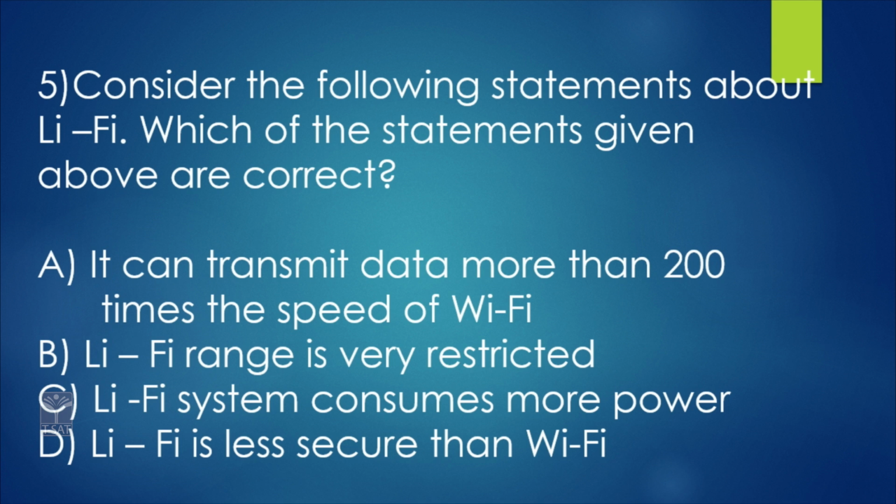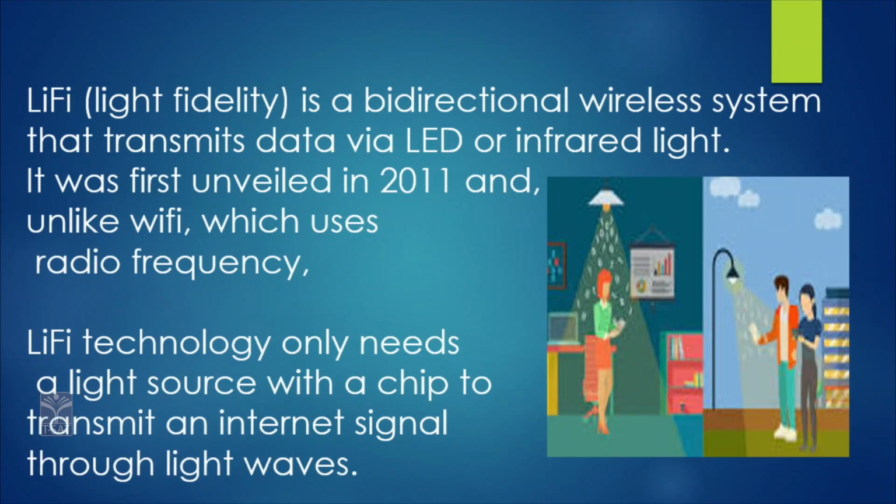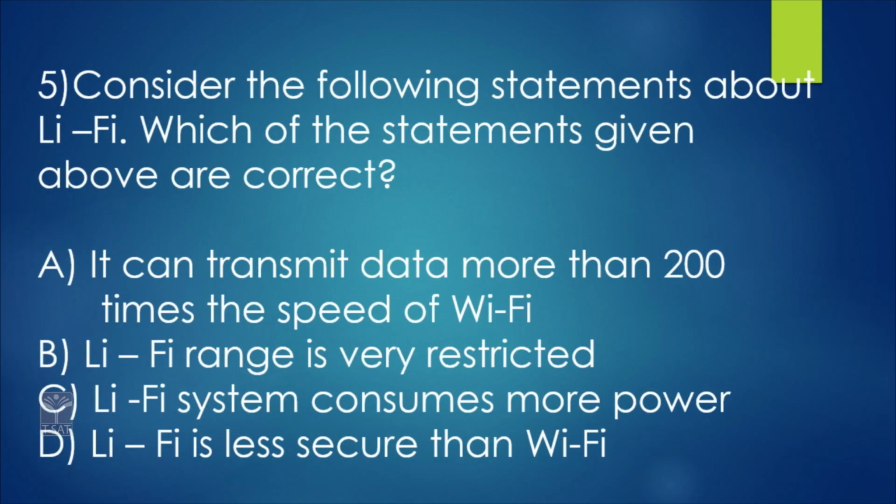Now, it can transmit data more than 200 times the speed of Wi-Fi; that statement is correct. And the second statement, statement 4, is also correct: Li-Fi consumes less power, and it is more secure than Wi-Fi. Now, we will see what information is given on our sheet.